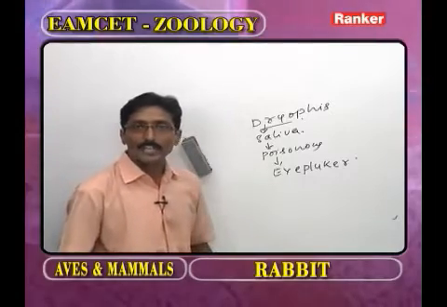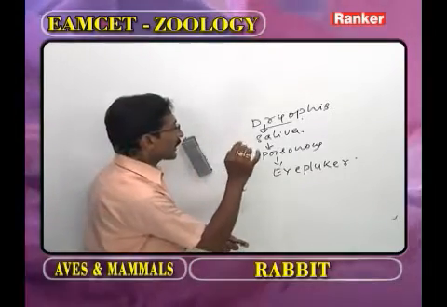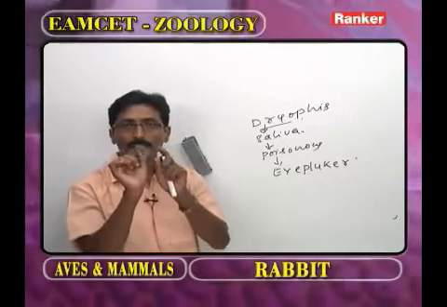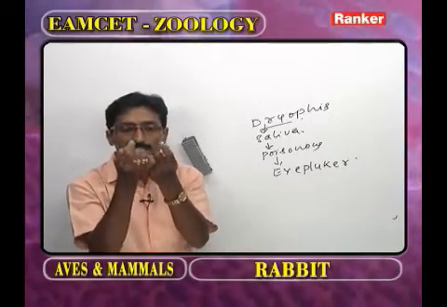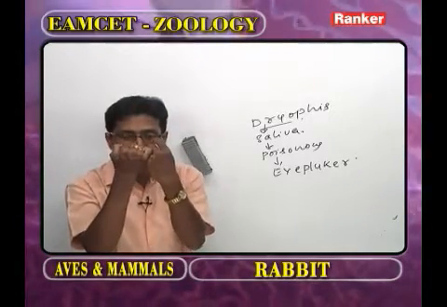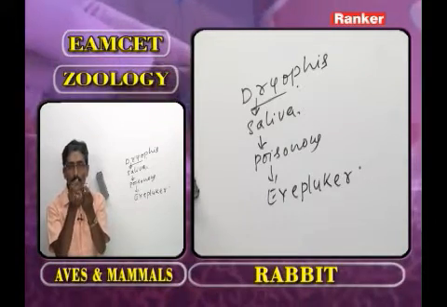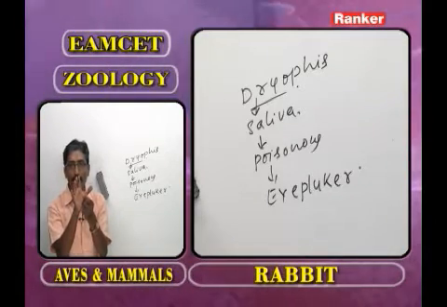Why is it called eye plucker? Whenever we touch the dryophis, what is going to happen? The dryophis injects the saliva into our eyes. Students, again observe why it is called eye plucker.